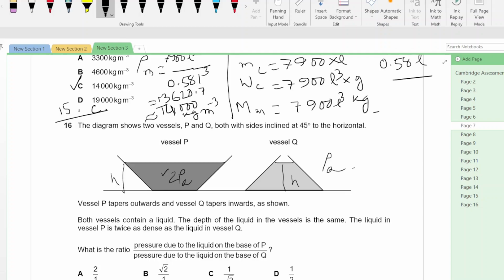We know the pressure of the liquid is h rho g.